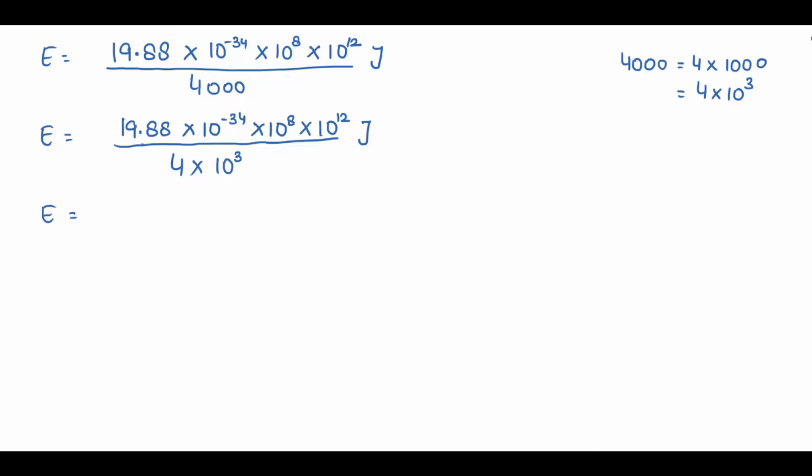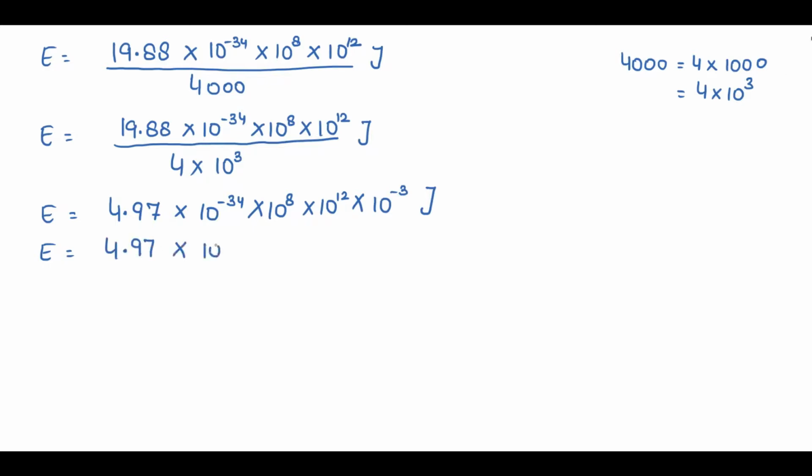When you divide 19.88 by 4, your answer will be 4.97. Now these powers, 10 raised to power minus 34 into 10 raised to power 8 into 10 raised to power 12, and 10 raised to power minus 3, with unit joule only. These powers are in multiplication, so you can simply add them. So E equals 4.97 into 10 raised to power minus 34 minus 3.